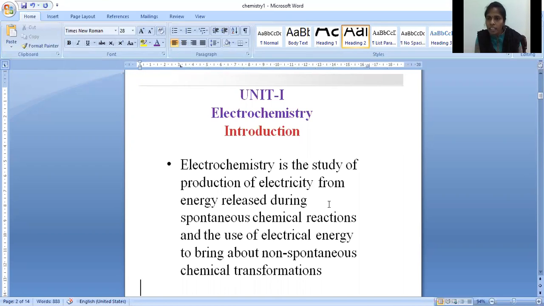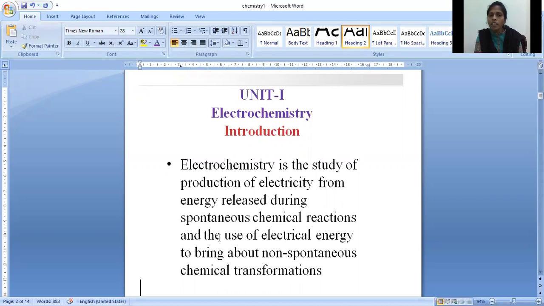Due to the chemical reactions, electricity is produced in electrochemistry, and also the use of electrical energy to bring about non-spontaneous chemical transformation. Here, electrical energy is converted to chemical energy.